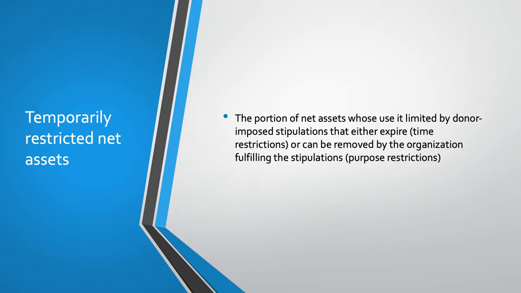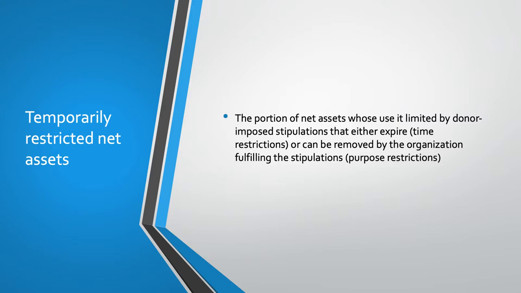How about temporarily restricted net assets? This is the portion of net assets whose use is limited by donor-imposed stipulations that either expire, which are time restrictions, or can be removed by the organization fulfilling the stipulations, which are purpose restrictions. So for example, if a donor says, we'll be donating you 500,000 pesos, but this 500,000 pesos can only be used for the feeding program, which will happen in, say, August 6th.